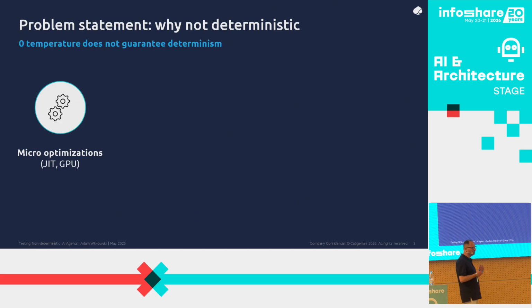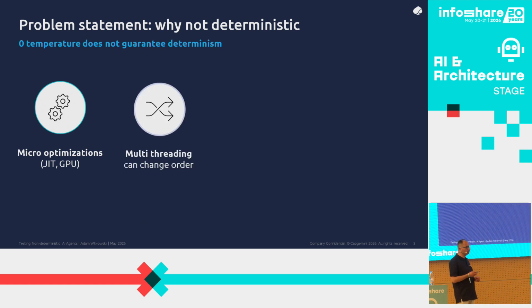For example, when software runs on a computer, let's say a Java process, you have a just-in-time compiler or other things like this that notice they have a little bit more resources, so they may optimize, for example, the multiplication of two floating point numbers. So you will have differences, usually on the last digits, depending on when you run them. The second one is multi-threading.